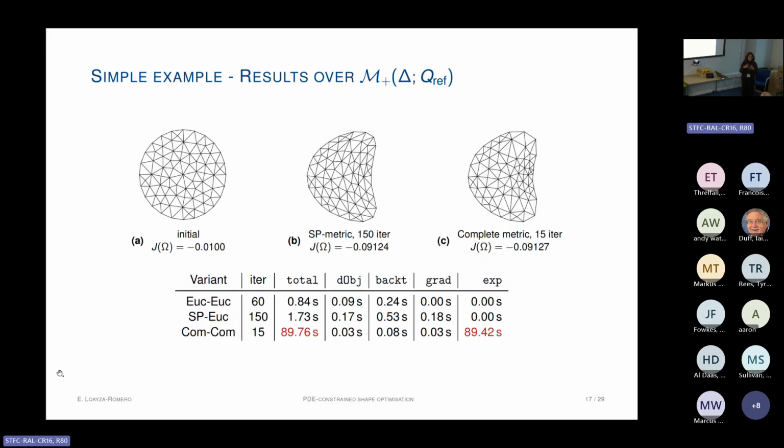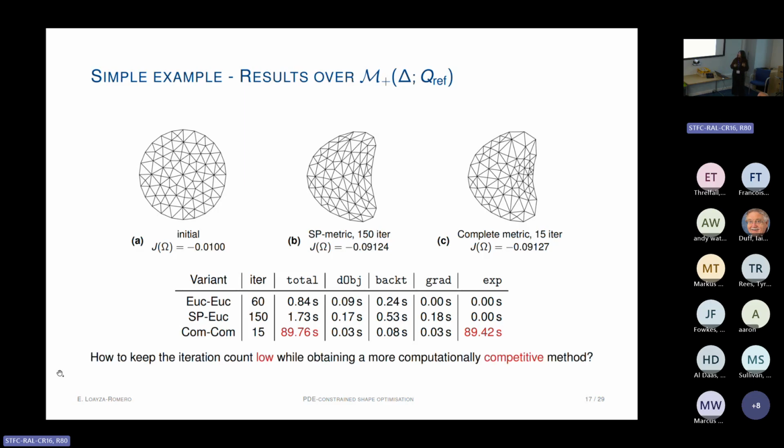This is exactly why we have such coarse meshes, because we were restricted to that. So yes, we can get there in 15 iterations, but I don't even know how many more times we need in order to get that. Since then, my motivation or my goal has been, how can I get better results?